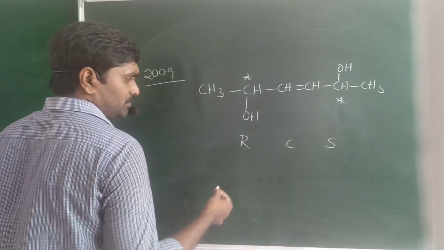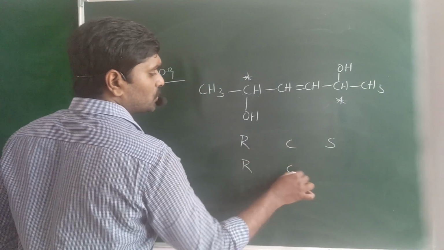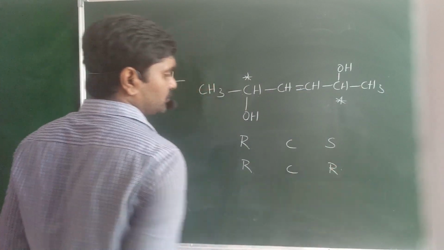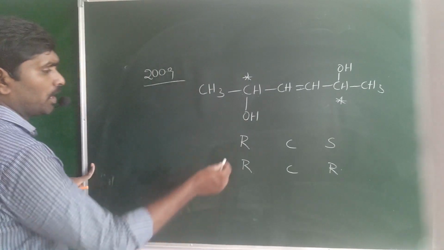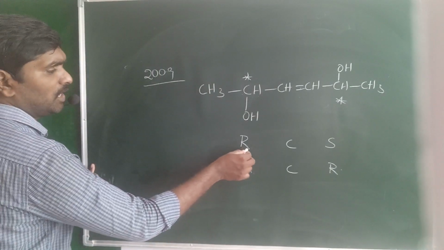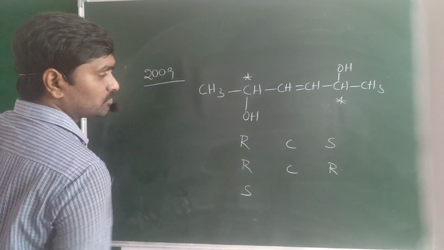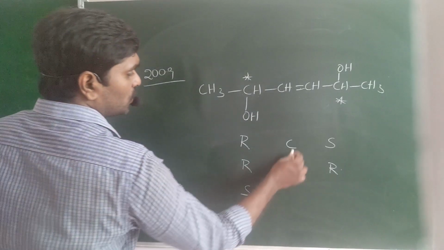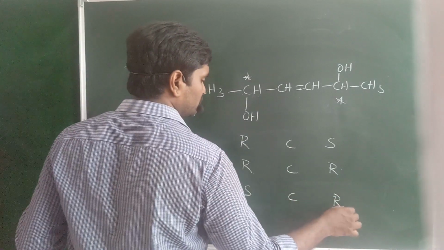Again the same way, when it is in R configuration, in cis configuration, which is again R configuration, that is 2. Again, when it is in the S configuration, in cis configuration, which is in R configuration.